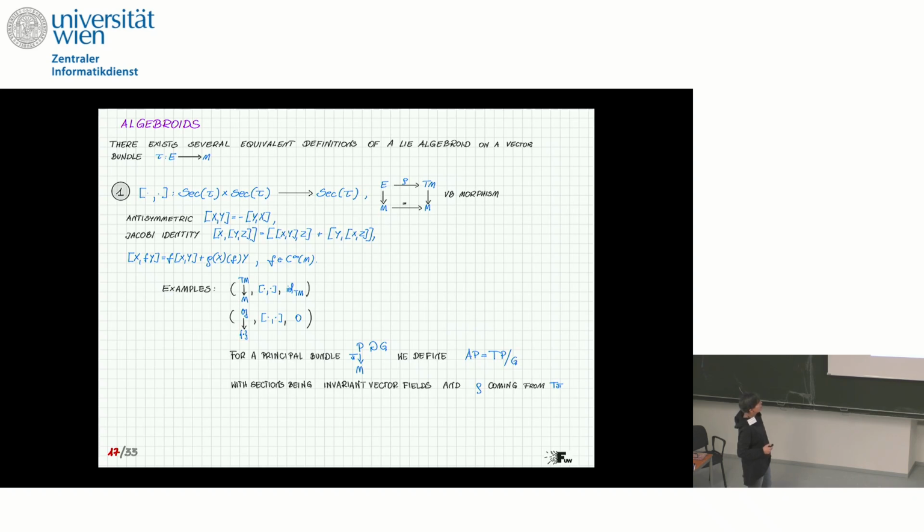Here I wrote the Jacobi identity in a slightly different manner than it was written by previous speakers, to emphasize the fact that taking a bracket is a derivation of the bracket itself. Then, in case we need to write a Jacobi identity for a bracket which is not antisymmetric, we can use this formula, and it will work.